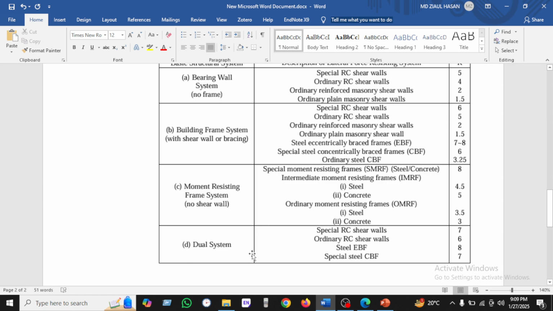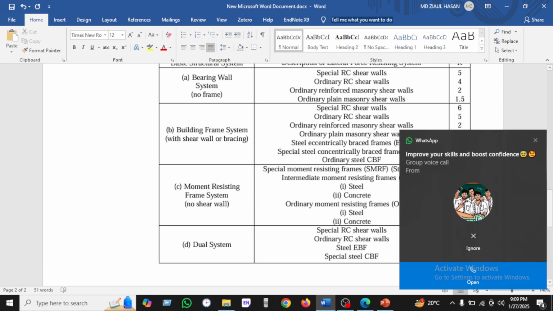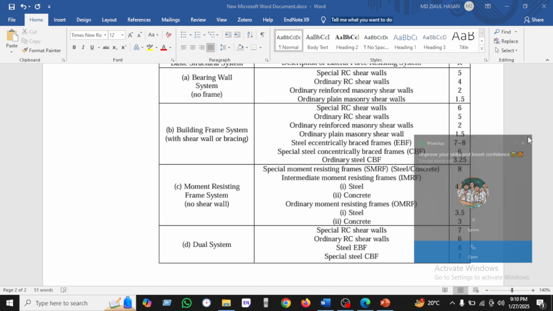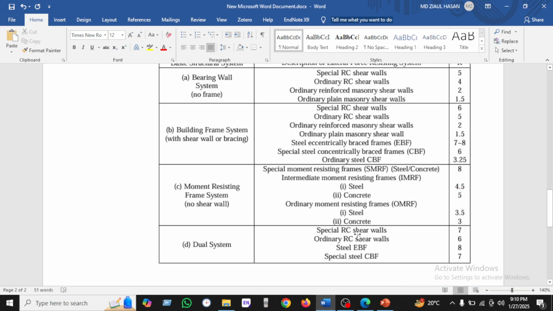The dual system means shear wall plus beam plus column. These are the dual system. For a special RC wall we can see 7, and for an ordinary RC wall we use 6, and the other parameters are given. But in most cases, up to 6 stories we can use the moment resisting system, which is the beam column system. And if we use the ordinary, then it will be 3.5.